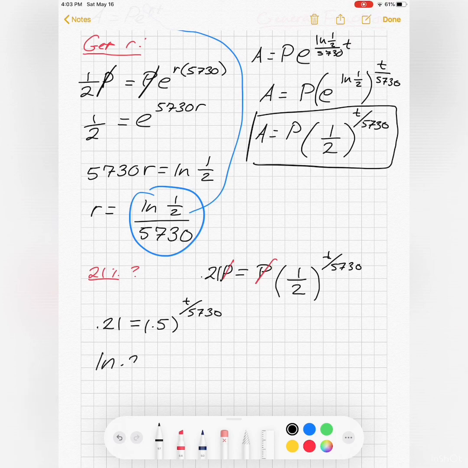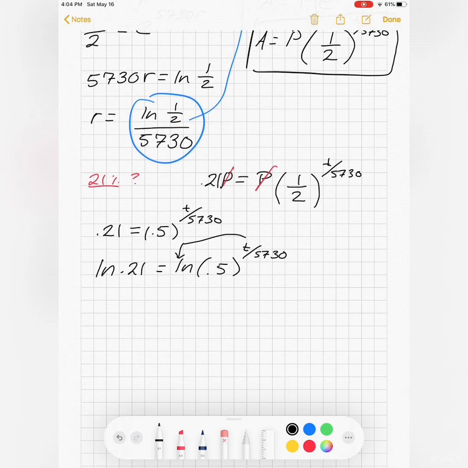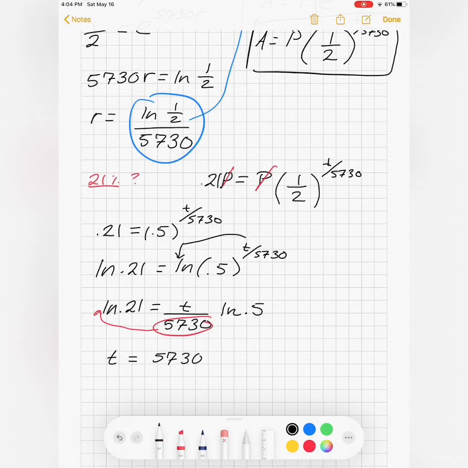Take the ln of both sides, and bring the exponent down. Okay, multiply this up, and divide by this guy.